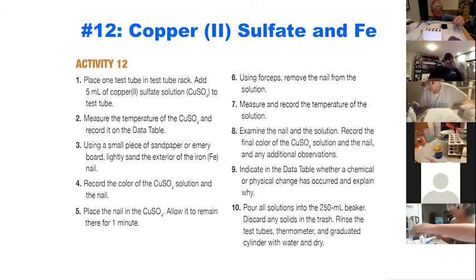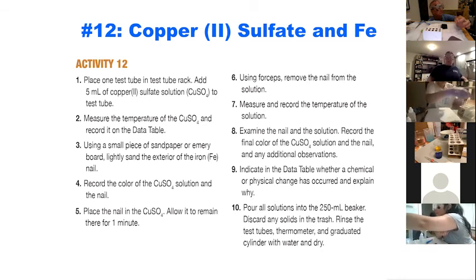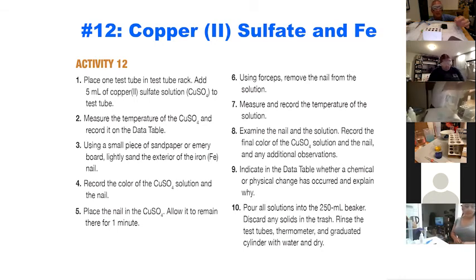Because this is what happens inside of a battery. In a battery, you've got two different metals, right? You've got lithium, nickel, or you've got lead, aluminum, or something like that. What happens is the electrons are just going back and forth.